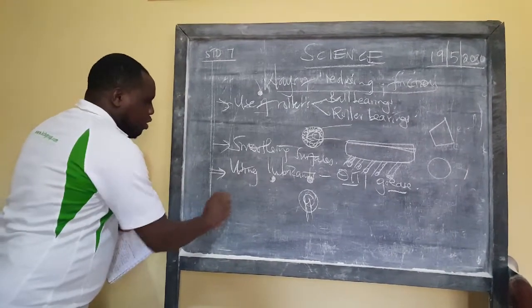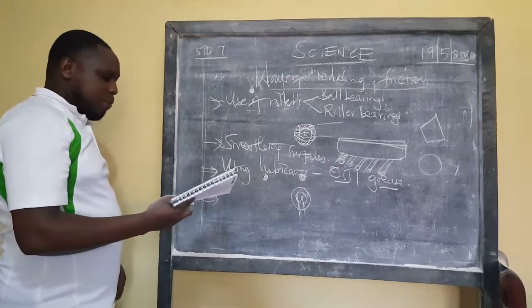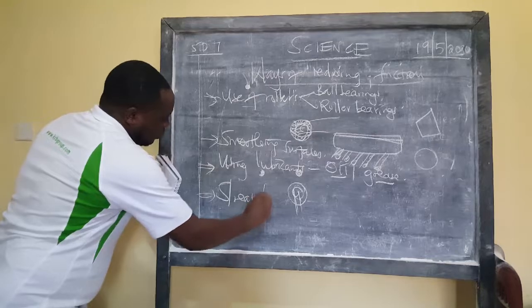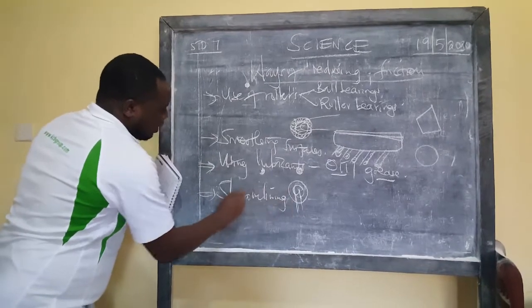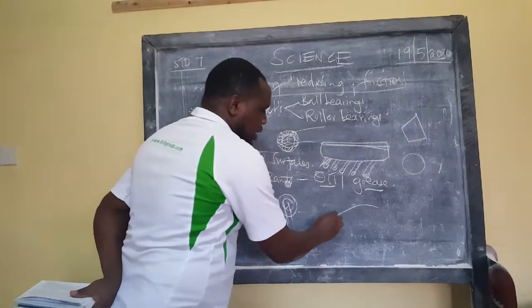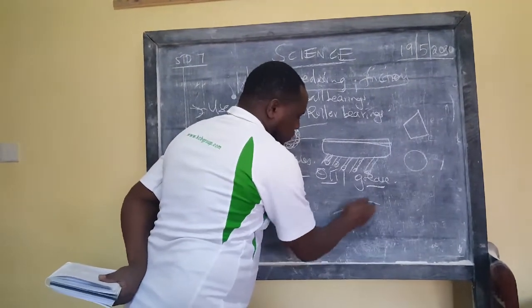Number 4 way of reducing friction is streamlining. This is not something new to us. I want you to look at how a fish looks. Observe fish at home.